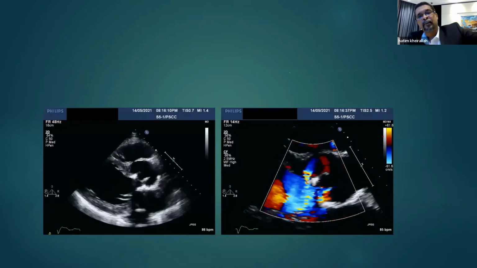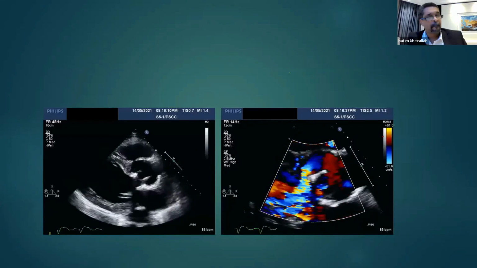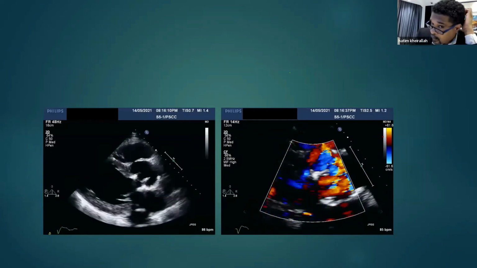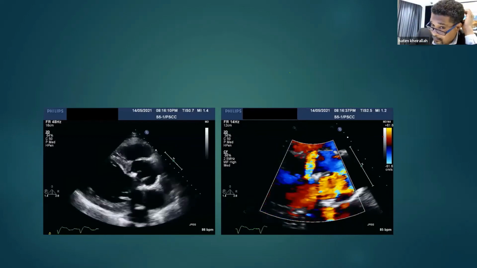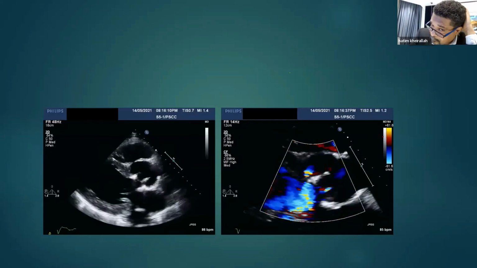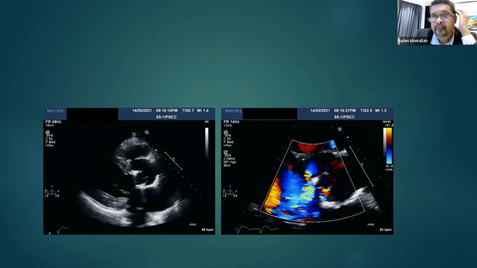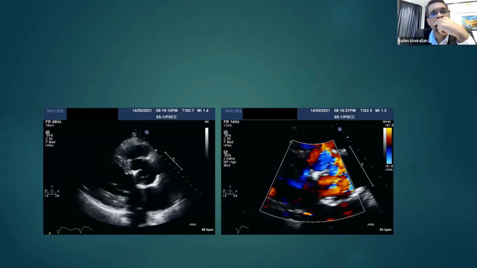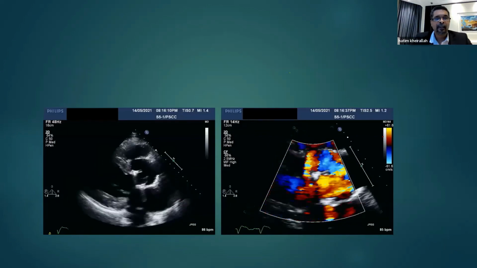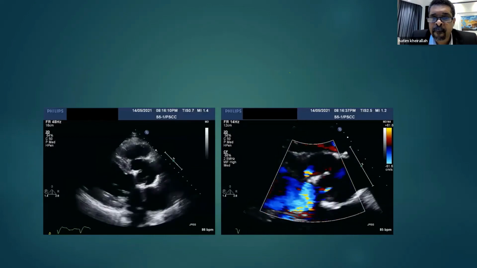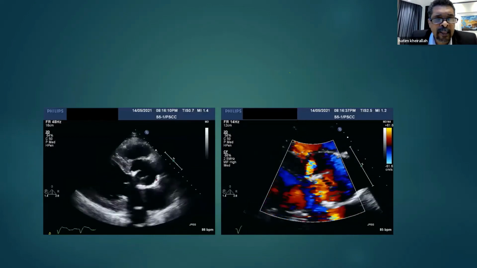So what do you think about this patient? What is going on here? I need a smart guess. Look at here. Forget about the color. Look at this one here.